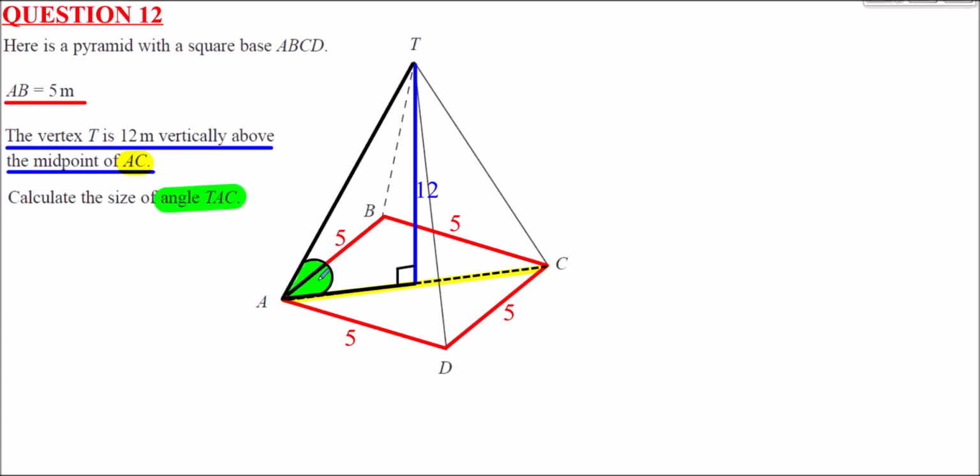It's this angle here. So, how do we solve this question? Well, it says here that the vertex T is above the midpoint of AC. So I'm going to call that M for the midpoint. I'm going to just take this triangle from T to A to M, triangle TAM, and draw it over here.